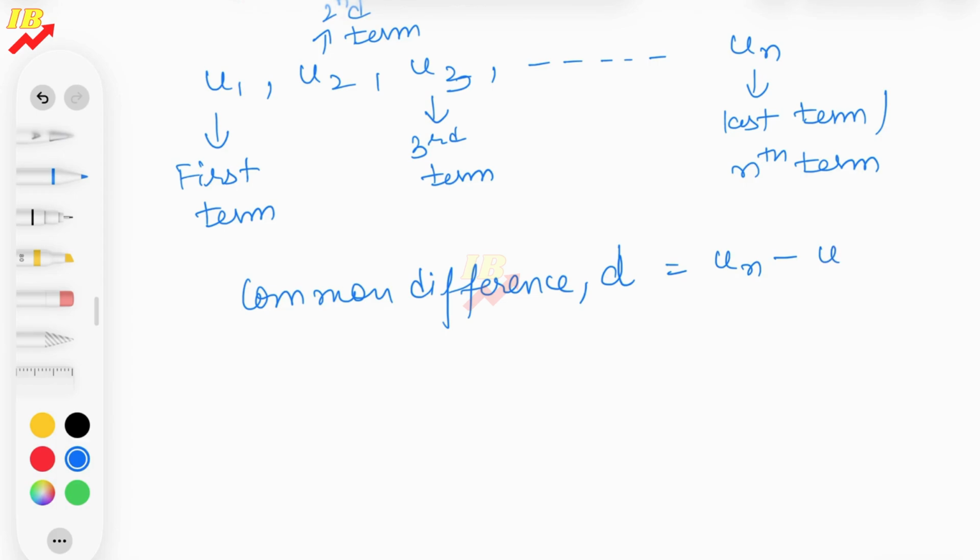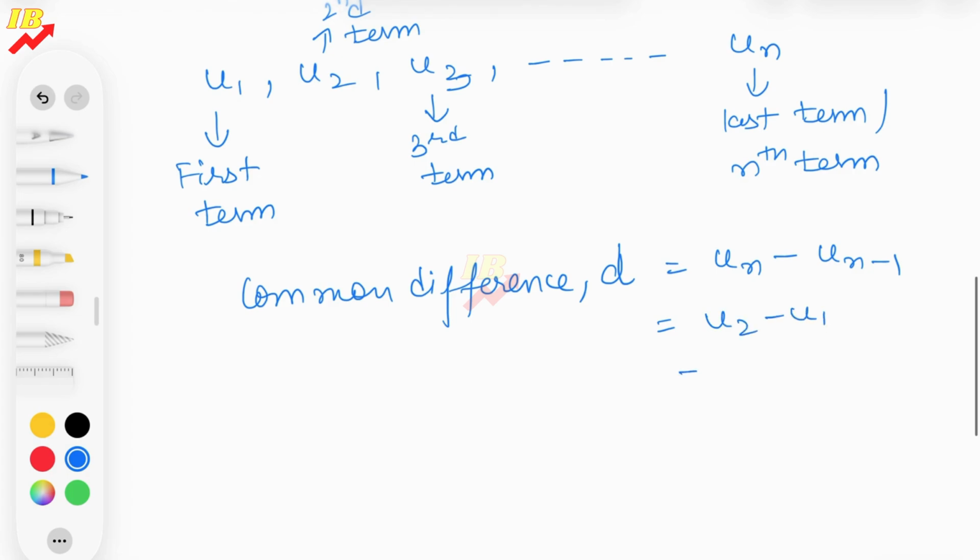That means you're going to subtract the previous term from the succeeding term, that means u2 minus u1 or u3 minus u2. Okay. So if you see that your common difference is the same everywhere, then you can say that the given sequence is arithmetic.